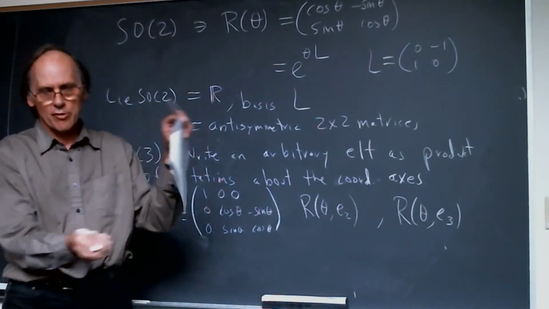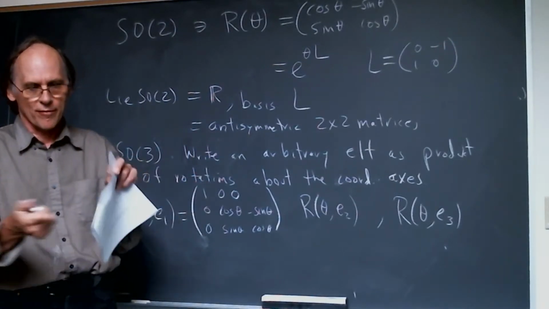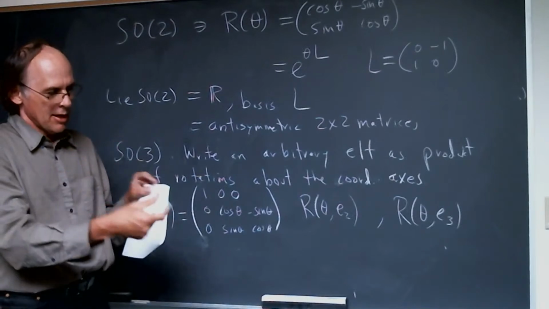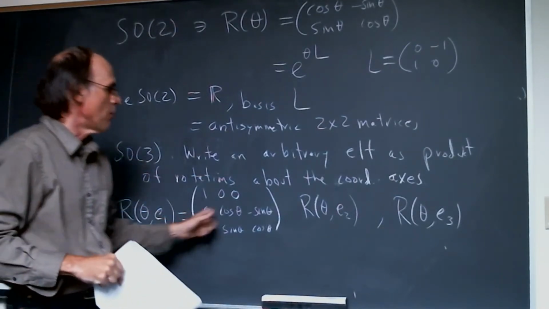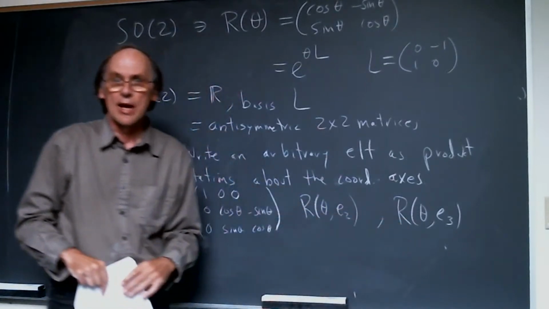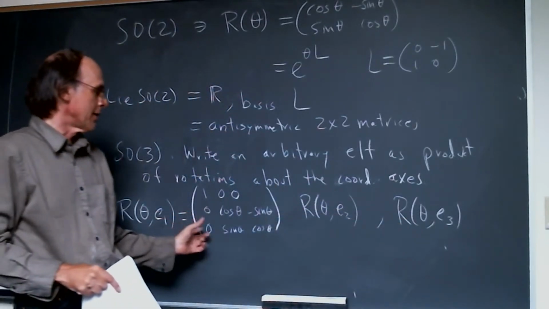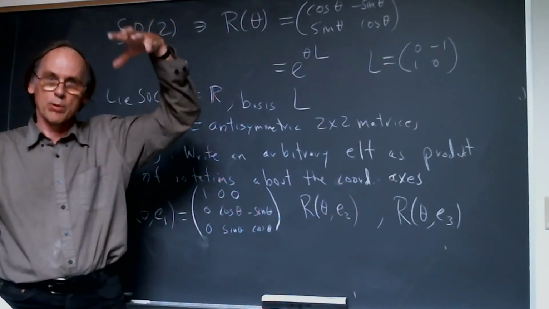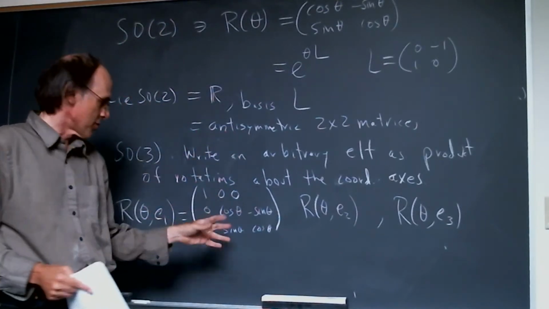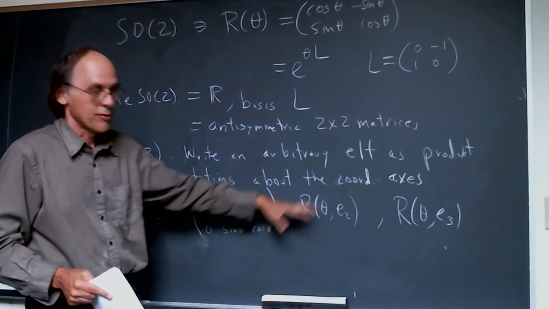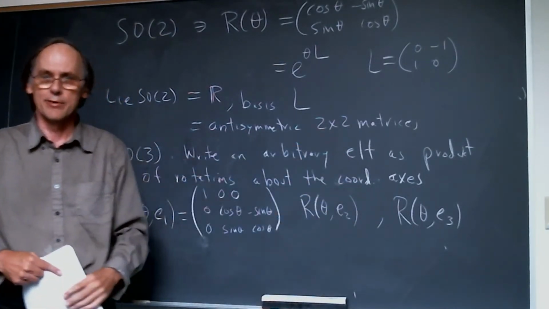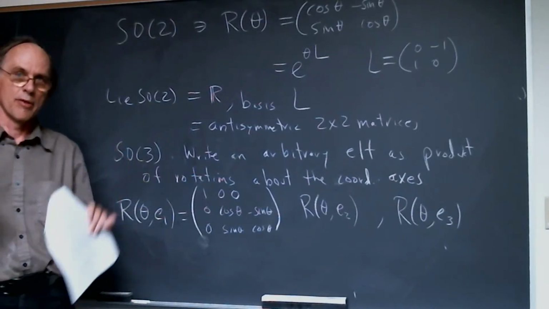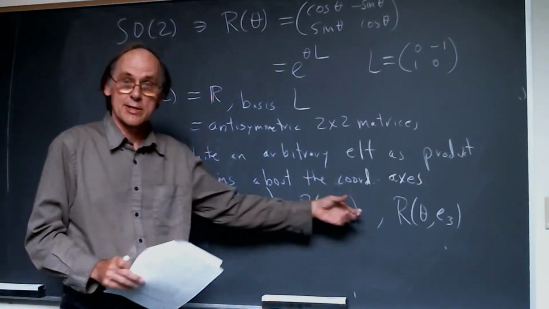If your general rotation corresponds to first rotating about one axis by this, and then the other axis by this, and the other axis by that, then you just multiply out your matrices. What you find is that you quickly get a really complicated looking 3x3 matrix with all sorts of cosines and sines in it, and trig identities that turn it into other things, and it quickly becomes a mess.